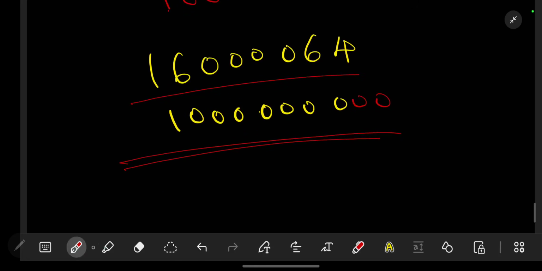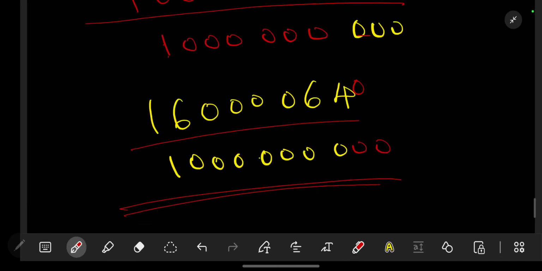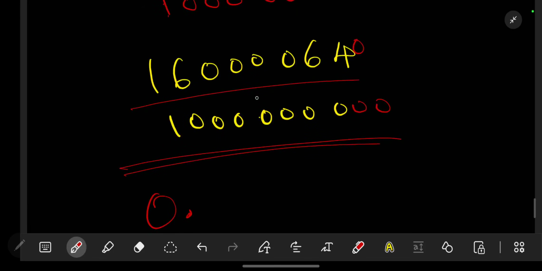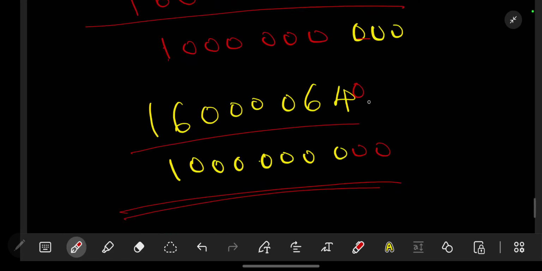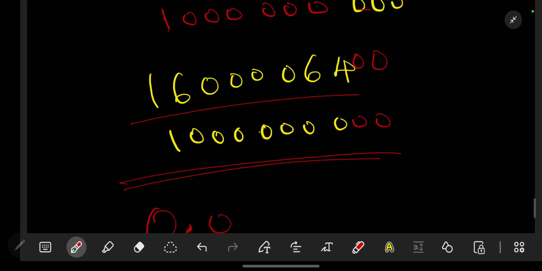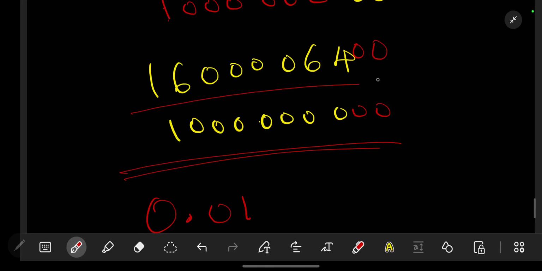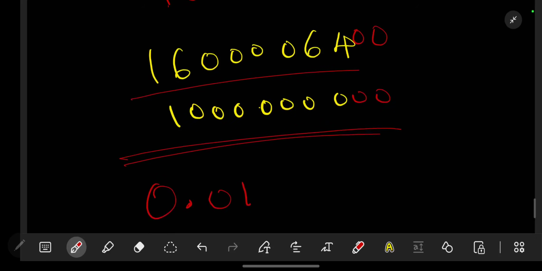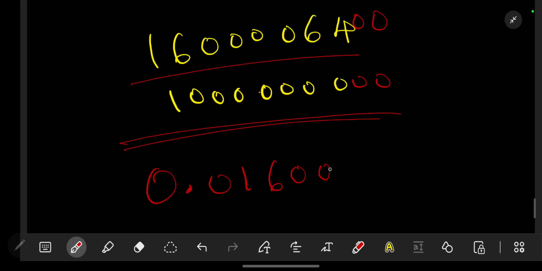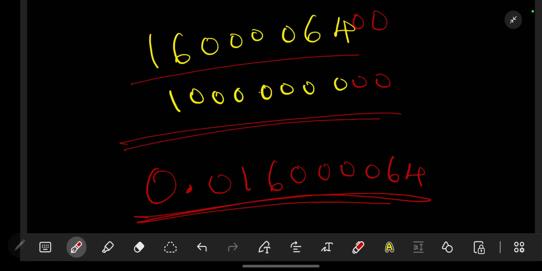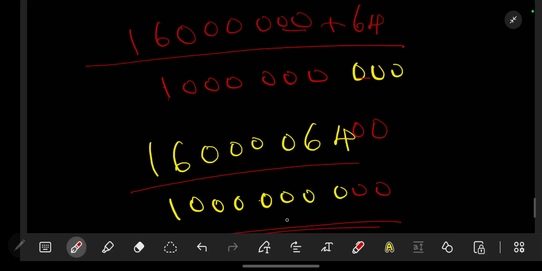So that means it will just be 0 point, you add a 0, these numbers will now become 9, so it's still 0. You add another 0, this becomes bigger, so it will be 1. Then from here, when everything is replicated, it will just be the same value. You just repeat it as long as you reach there. Okay, so this is what we are going to have as our answer. But even leaving it like this is okay, but it depends on your lecturer.